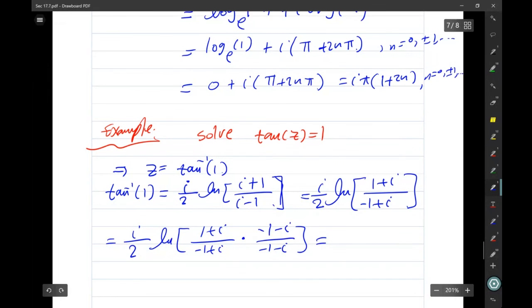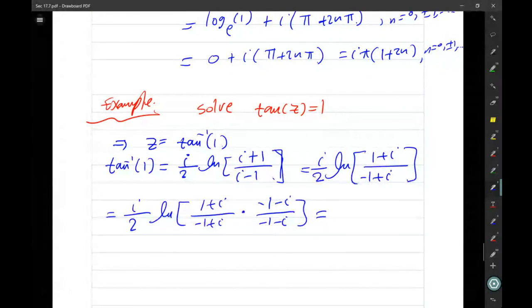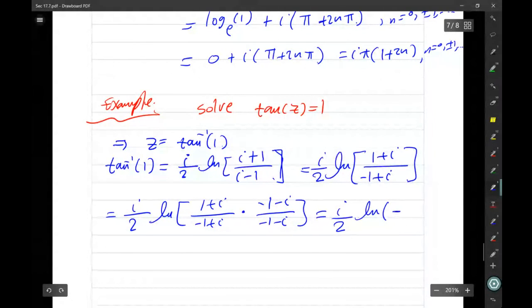So when you do the multiplication by the conjugate inside ln, that becomes i divided by 2 times ln of minus i.